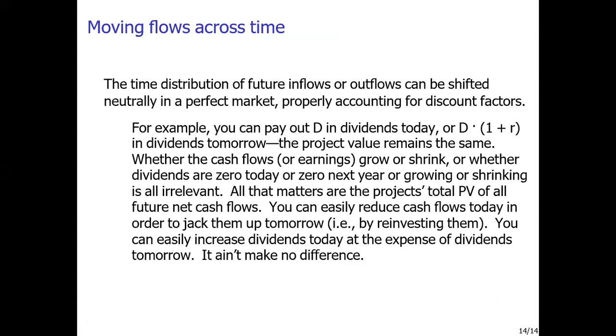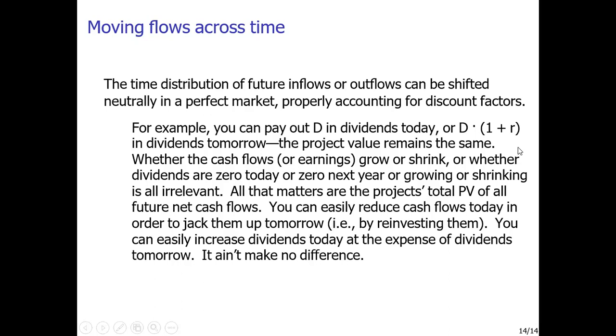For example, you can pay out D in dividends, or you simply pay D multiplied by 1 plus R in dividends tomorrow. The project value remains the same, whether the cash flows or earnings grow or shrink, or whether dividends are zero today or zero next year. All of that is irrelevant.